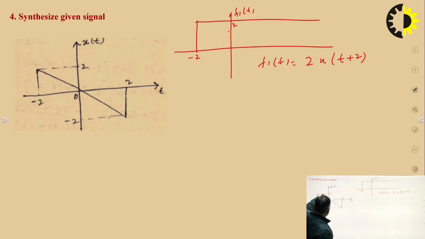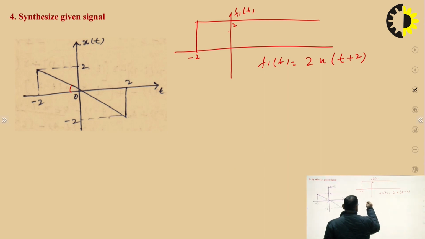There is a negative slope. At t is equal to minus 2, the height is 2. So what is the slope of this line? The slope is 2 by 2, which is 1. So basically it is a ramp with negative slope.